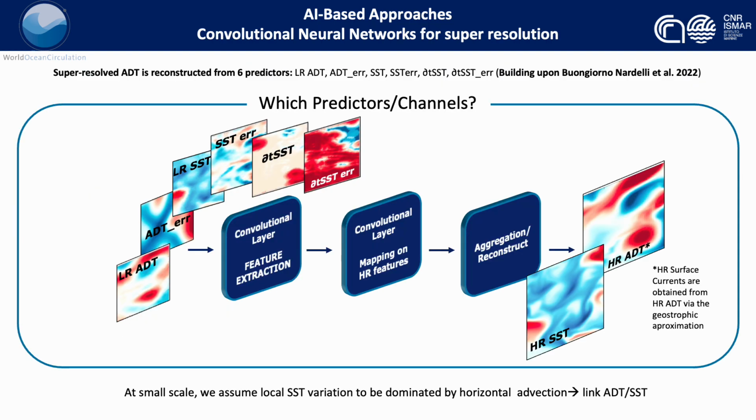Here you can still recognize the structure of the convolutional neural networks, but in particular, building upon the work of Buongiorno Nardelli and colleagues 2022, we consider 6 predictors as an input to the convolutional neural networks that include the low-resolution ADT and SST, the ADT and SST measurement uncertainties, but also the SST temporal derivatives and again the uncertainty on this SST temporal variation, while as an output we consider the high resolution SST and absolute dynamic topography.